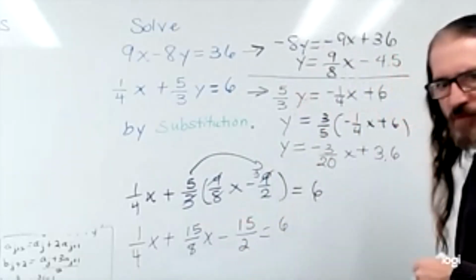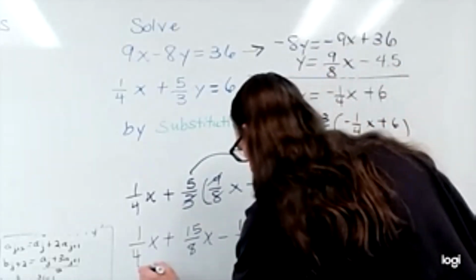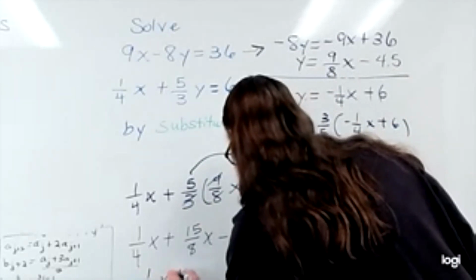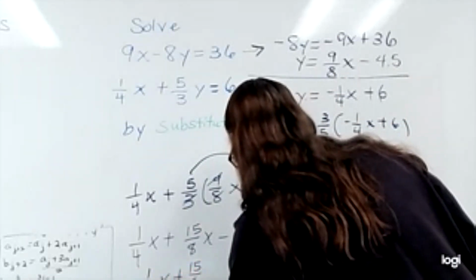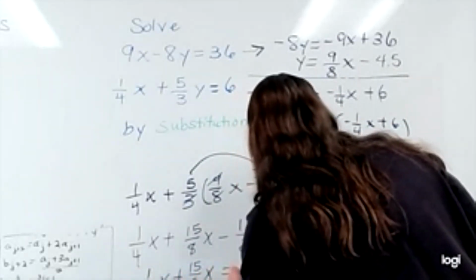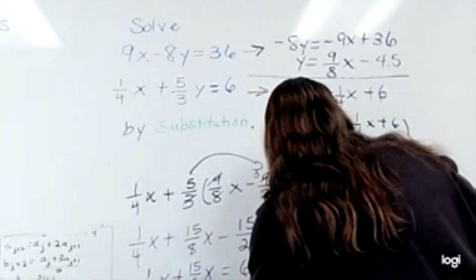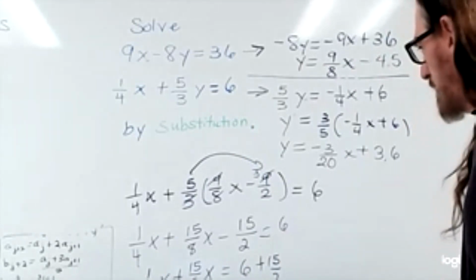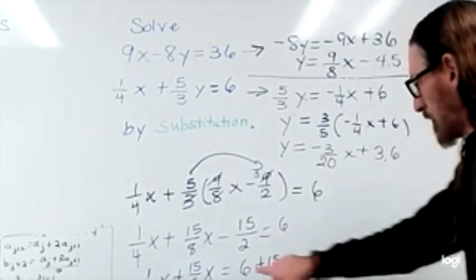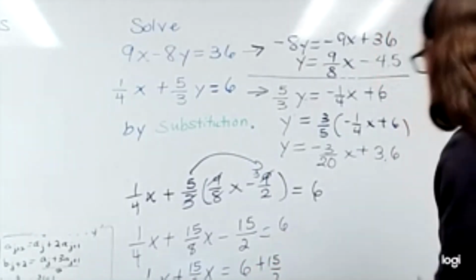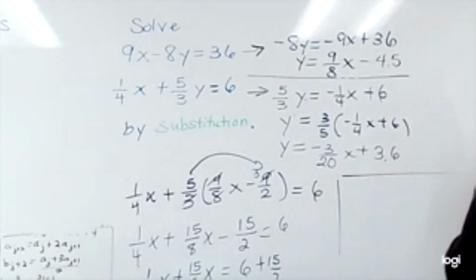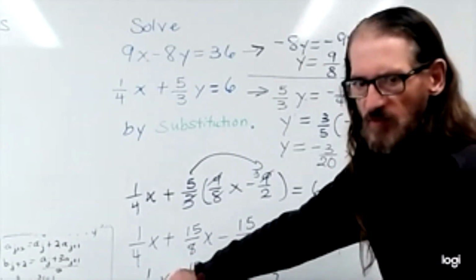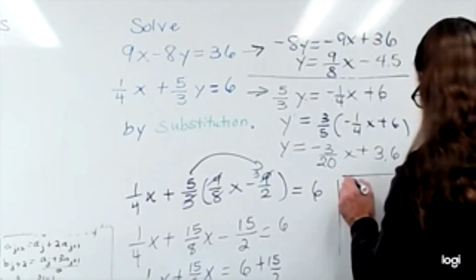I'm going to add the 15/2 to both sides. But I'm going to rewrite the 6 as 12/2. And I'm going to rewrite the 1/4 x as 2/8 x.